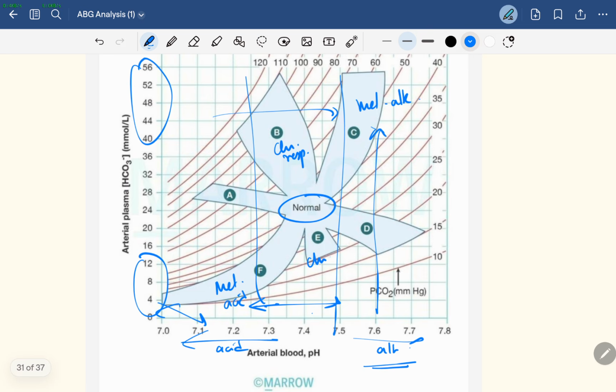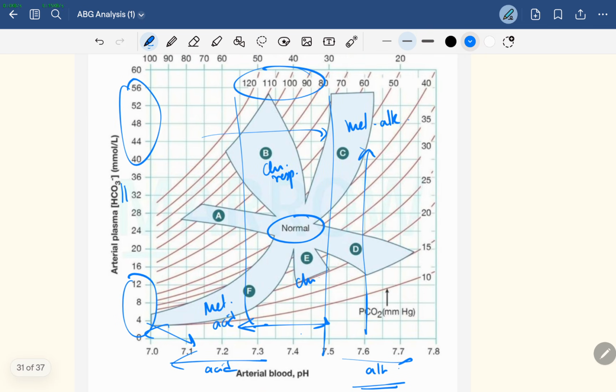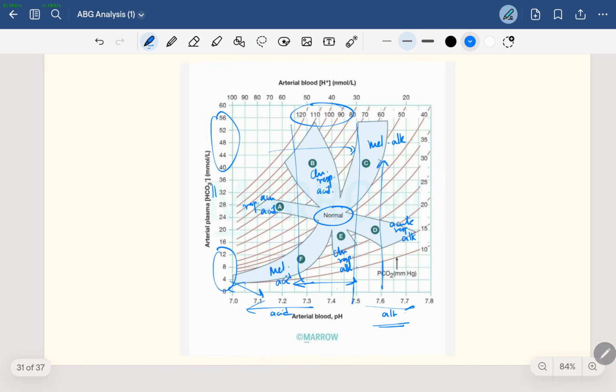And with a higher PCO2, this is going to be a chronic respiratory acidosis, and this is going to be chronic respiratory alkalosis. These are acute respiratory acidosis and alkalosis. So I hope this concept is clear to you.